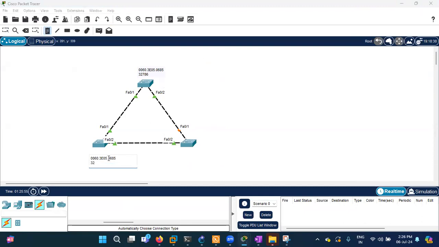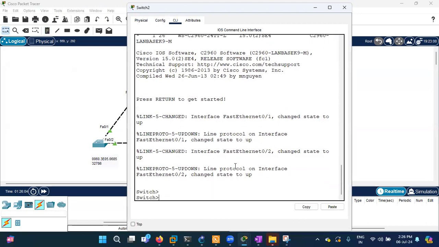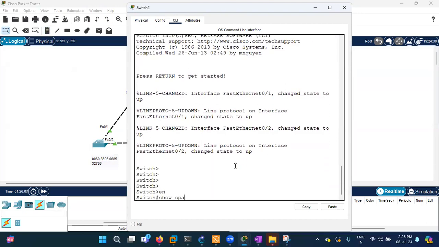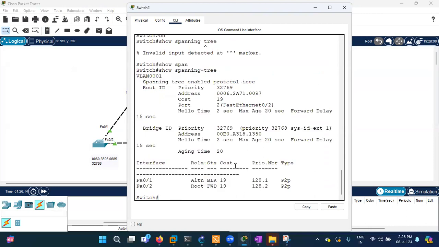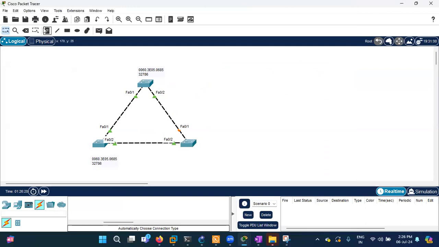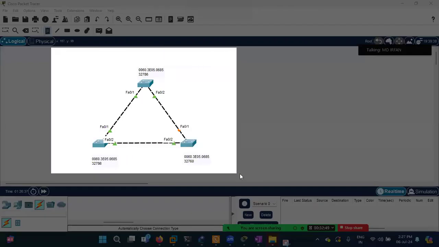This is 32768. Same, open this one also once. The MAC address and priority will be the same. Yes. Now tell me which port will become the root port. I mean root switch.